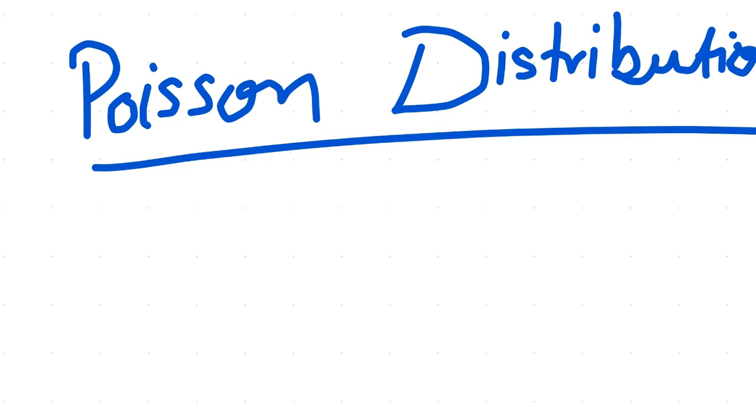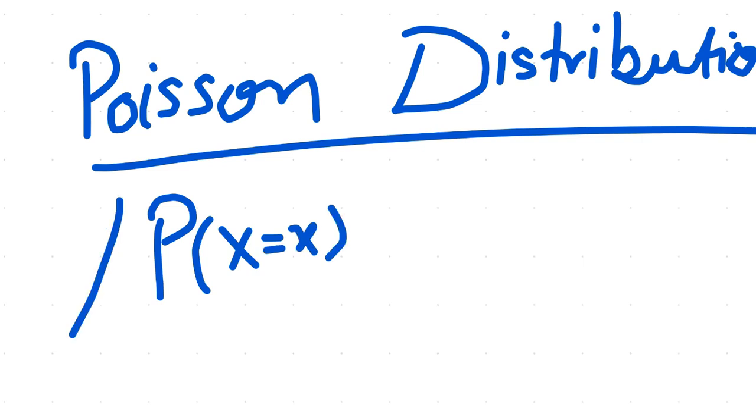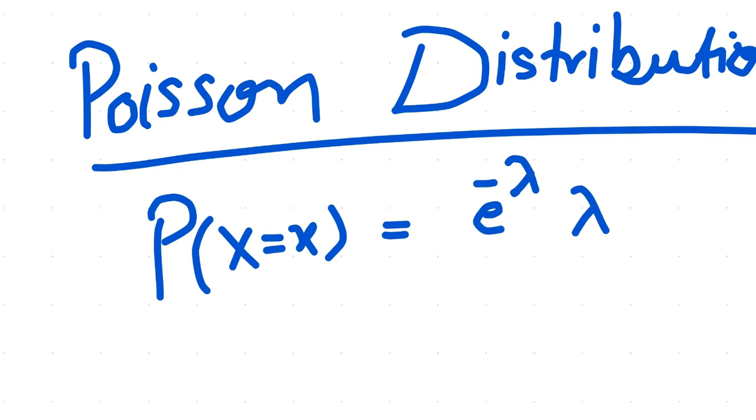P(x) is equal to, small x, or they can give you like this, P(x) only also. Small x represents the value of capital X. It is equal to e to the power minus lambda, lambda to the power x, over factorial x.